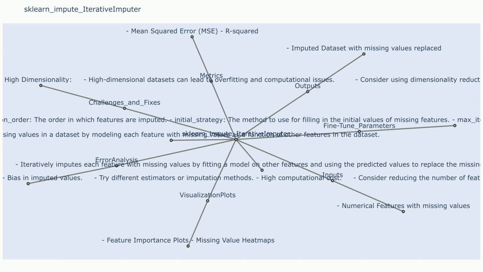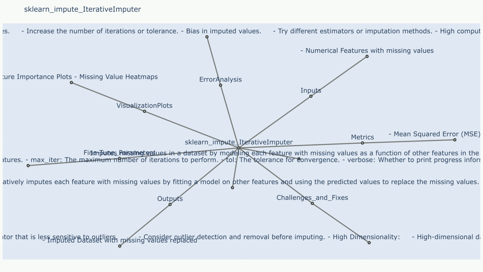This introduces more randomness into the imputation process and can be helpful in capturing the uncertainty associated with the missing values. If set to false, it will use the predicted mean from the estimator as the imputed value. Outputs. Imputed, a transformed version of the input dataset where the missing values have been replaced with imputed values.